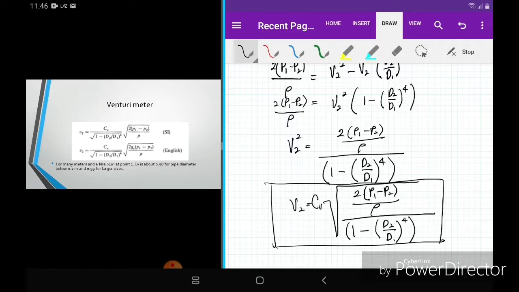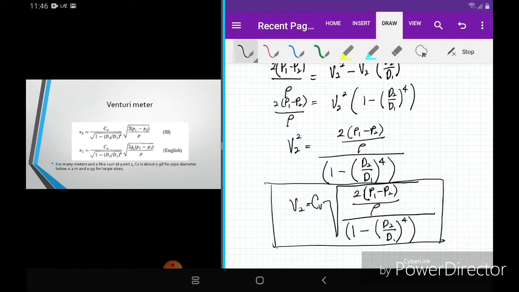Now, for many meters and a Reynolds number greater than 10 raised to the fourth power at point 1, C sub V is about 0.98 for pipe diameter below 0.2 meters and 0.99 for larger sizes. Okay, that's for C sub V. However, these coefficients can vary and individual calibration is recommended if the manufacturer's calibration is not available. Okay?